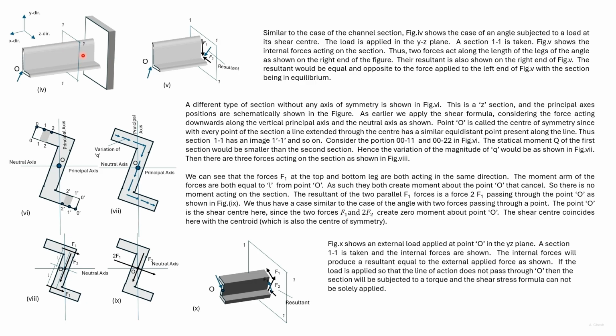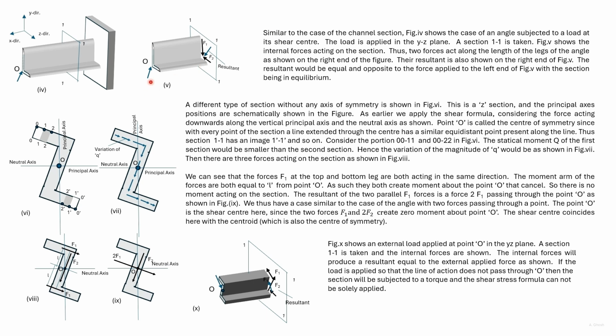Consider a section 1-1. The load will create stresses in the section, and due to the stresses, there's a force F1 and F2 acting on the two legs. The resultant of these two loads is a force that is equal and opposite to the external load. This resultant also acts at the same point in the section.